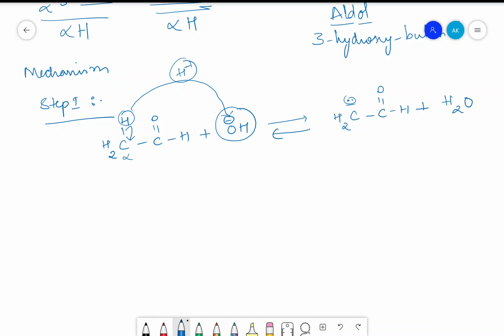This is the enolate ion which we have discussed just now. Carbon having negative charge will act as a nucleophile because it is having negative charge. And this is very important in the condensation reaction.